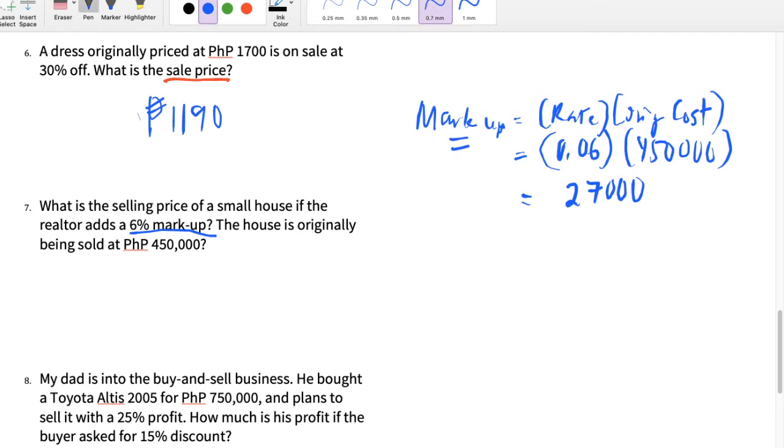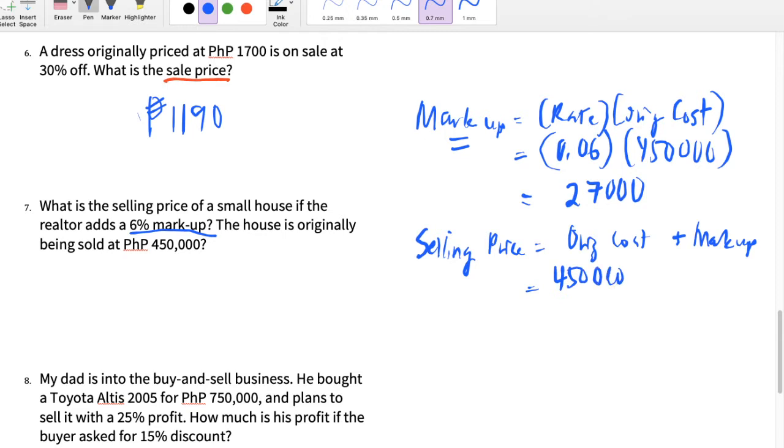So, we have to add this to the original cost or original selling price niya. So, to get the selling price, this is equal to the original cost plus markup. 450,000 plus 27,000. If you add this, ang makuha nating sagot would be 477,000.